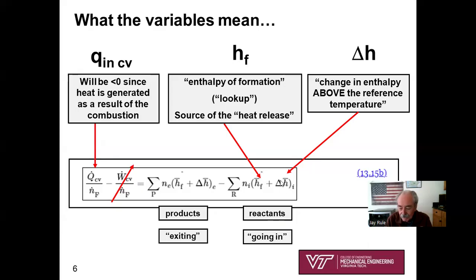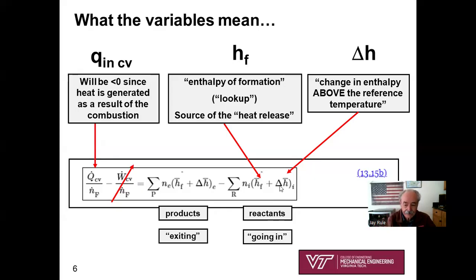That's what's going in. So you've got all your little constituents going in, right? You've got your oxygen going in, your nitrogen going in for your air, as well as, let's say, a gaseous fuel like methane. And this is going to be the enthalpy in kilojoules per kilomole above a reference temperature that you set.